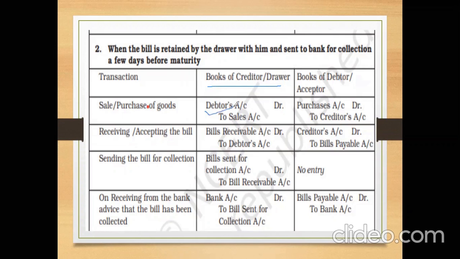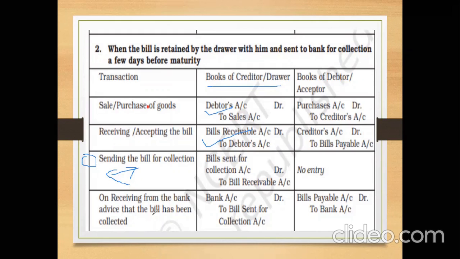Next, receiving of bill of exchange instead of cash: bills receivable account debited to debtor's account. Then comes bills sent for collection. This is the additional journal entry done in the case of bills sent for collection, and the date will be mentioned in the numerical question. Bills sent for collection account debited to bills receivable account.